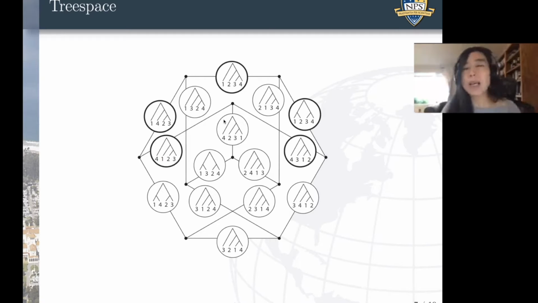So if you just apply classical PCA to data sets on the tree space, I don't think that's the right way to do the analysis. That was the trouble we had.